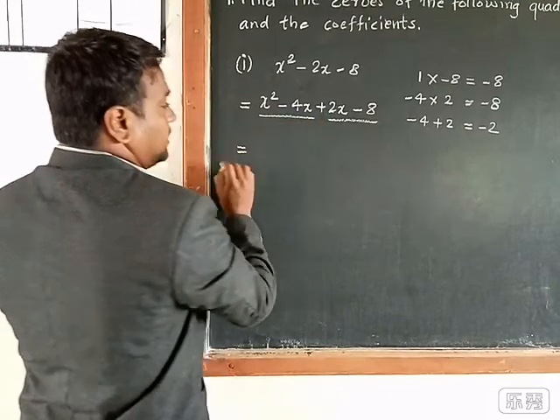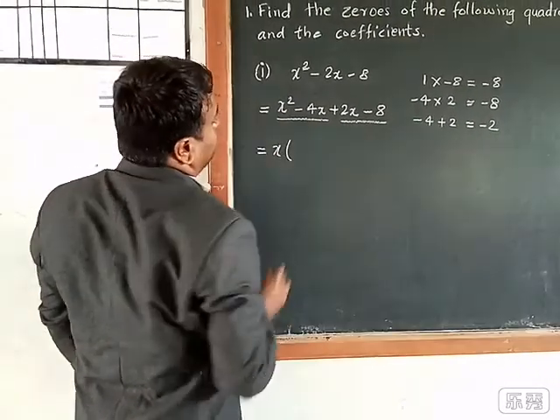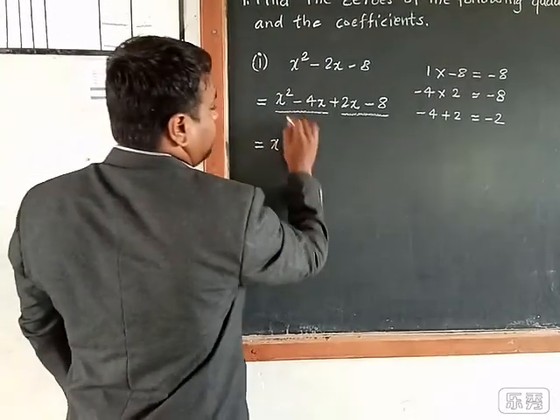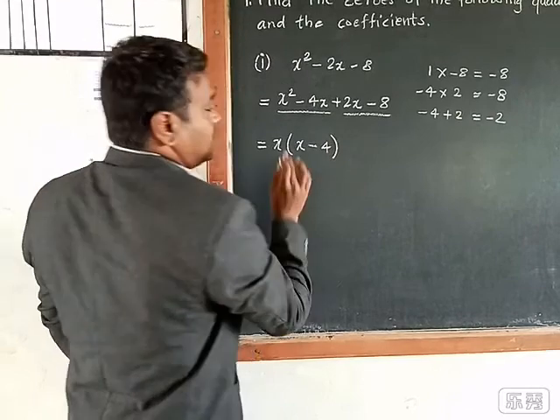In these two terms, x is common. So what do we get inside the bracket? We get x and minus 4.